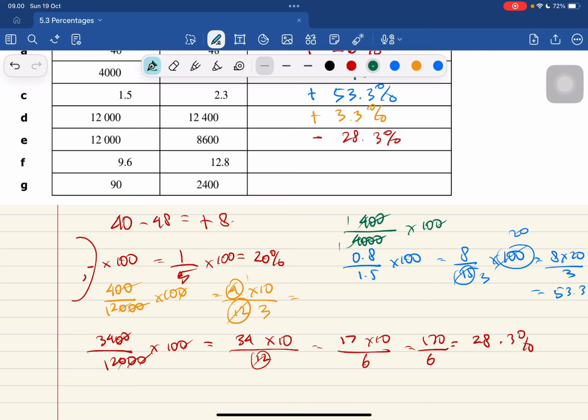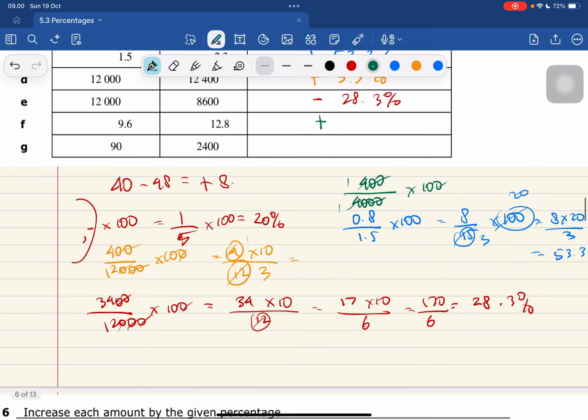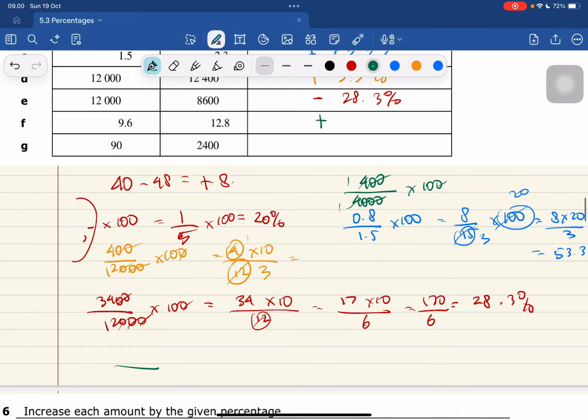Look at there, 9.6 to 12.8, this is an increase. So the original, let's write it here, 9.6. So let's find out the difference. So 12.8 and 9.6, the difference is 3.2. Both of them we multiply by 10. It's going to be 32 over 96 times 100. So 32, if we divide by 2 is 16.